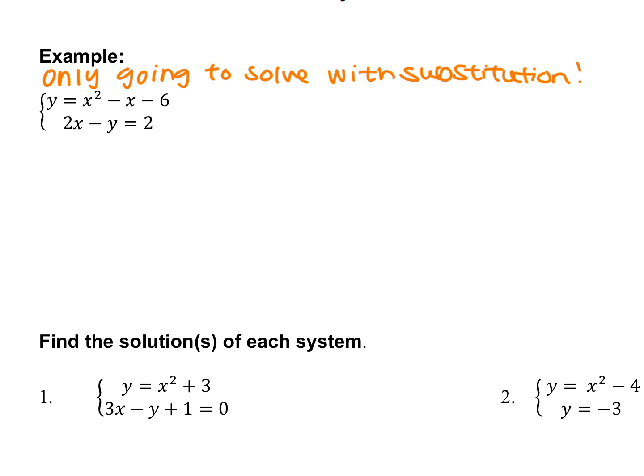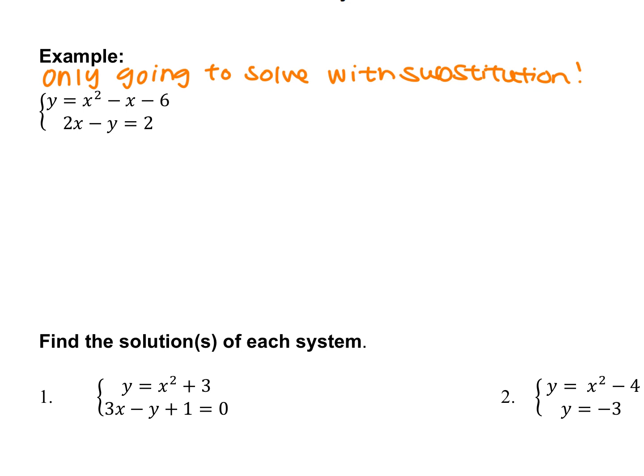With substitution, remember we pick one equation to solve for one variable and we plug it into that variable in the other equation. And remember with substitution, it doesn't matter which equation you pick or which variable you pick, you're always going to end up with the same answer. However, sometimes the work it takes to get there is easier if you do certain types.